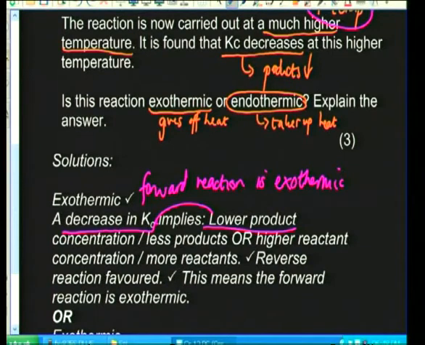Obviously, that's the converse. More reactants. The reverse reaction is favored. That tells me that the forward reaction must be exothermic, because if the reverse reaction is favored, the reverse reaction would be the reaction that uses up that excess heat. Because I've increased the temperature, the whole system will shift to use up that extra heat.